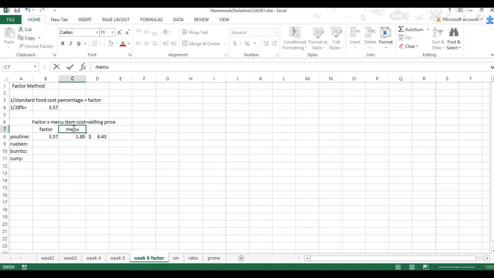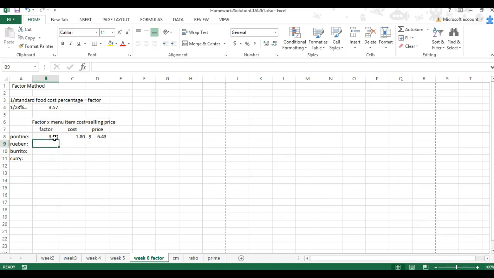Let's just put cost and then price. You don't have to do that, but it might keep it easier for you. I'm just going to keep one row for each number. I'll show you more, so it'll make more sense as we go on.